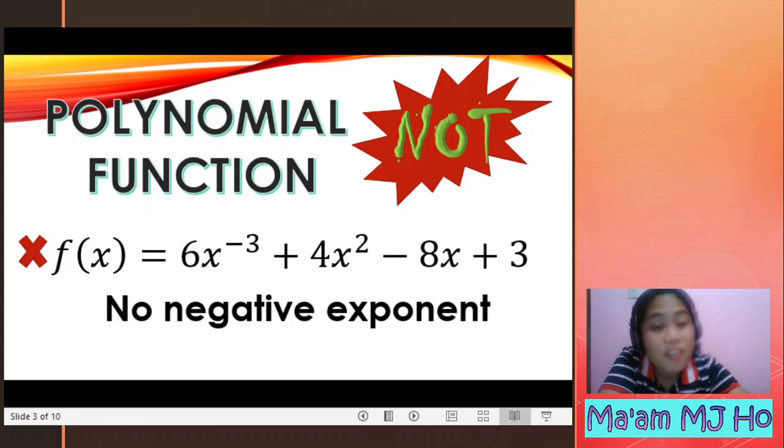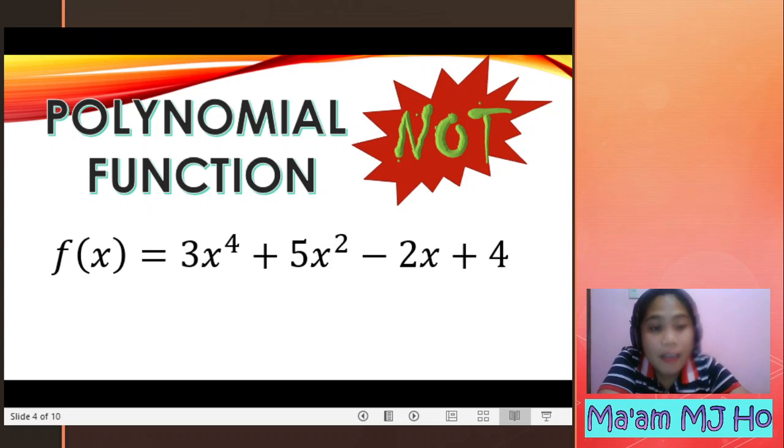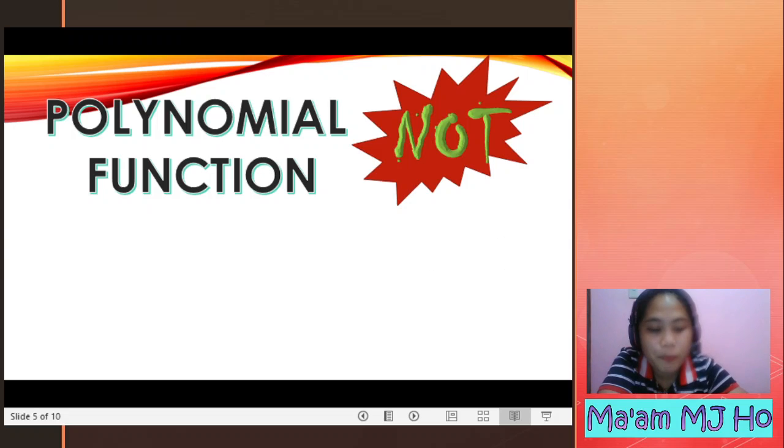So we cannot consider this as a polynomial function. Next, f of x equals 3x raised to 4 plus 5x raised to 2 minus 2x plus 4 is an example of a polynomial function because we do not have any violation or wala tayong rules na na-violate kaya pwede natin siya i-consider as a polynomial function.